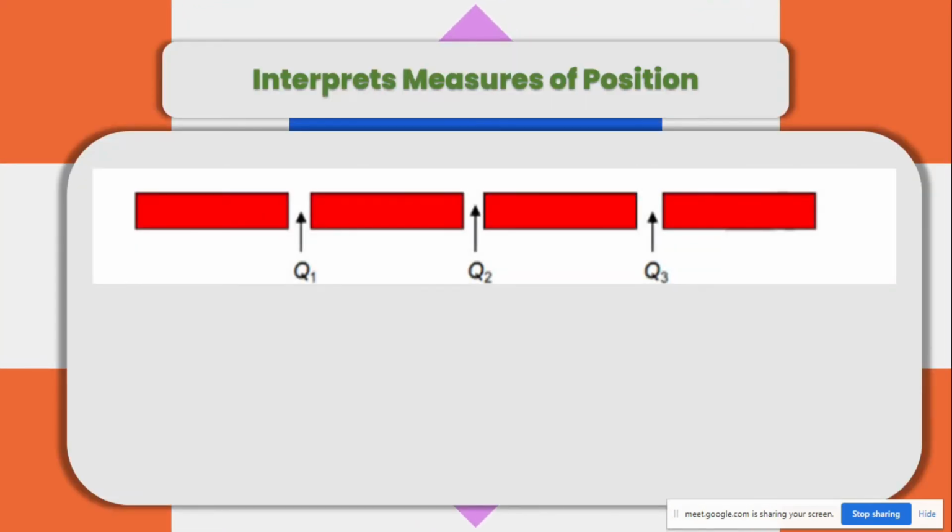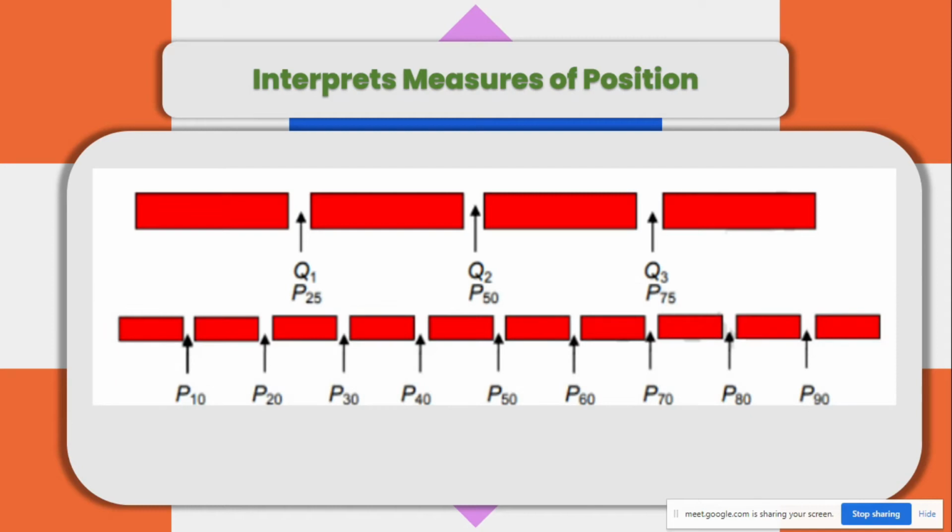So, ito na yung drawing natin kanina. When 100% or the total distribution is divided by 4, so 25, 25, 25, 25 yan. So, yung Q1 dyan is yung 25%, Q2 naman 50%, yung nasa left 50, yung nasa right naman is 50. While Q3 naman 75%, yung nasa left 75, yung nasa right is 25%.